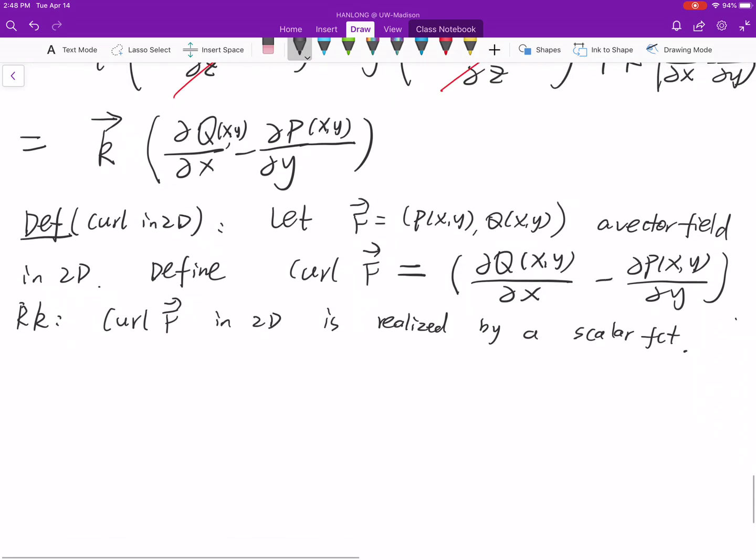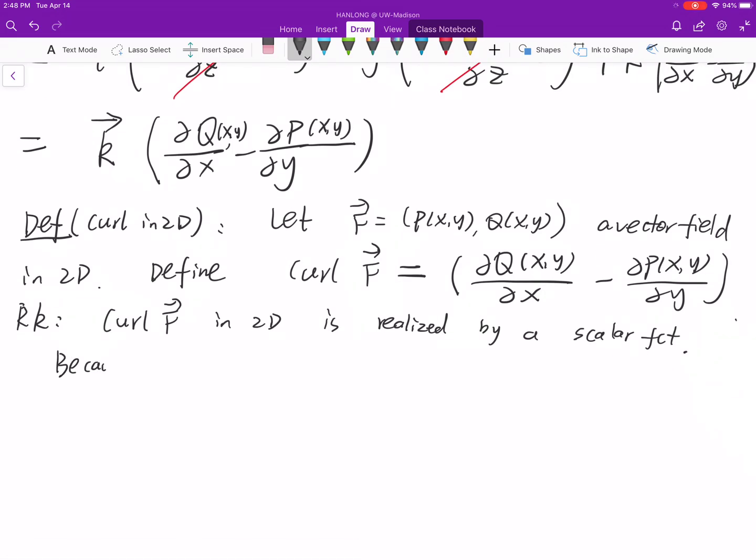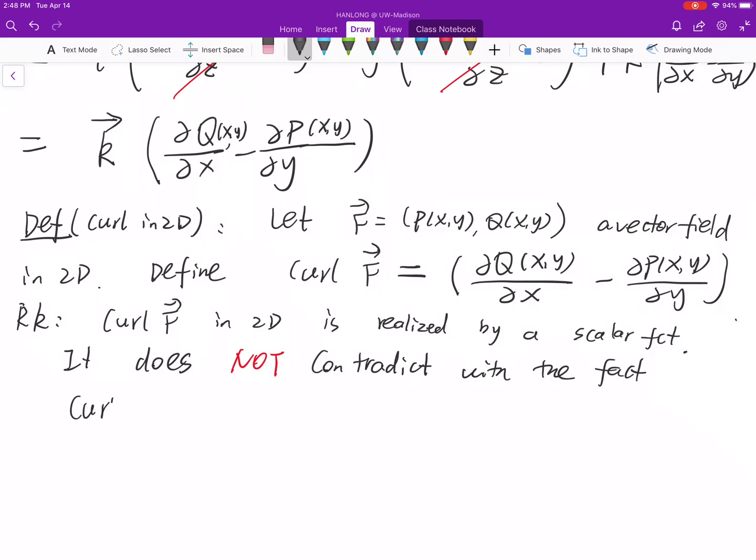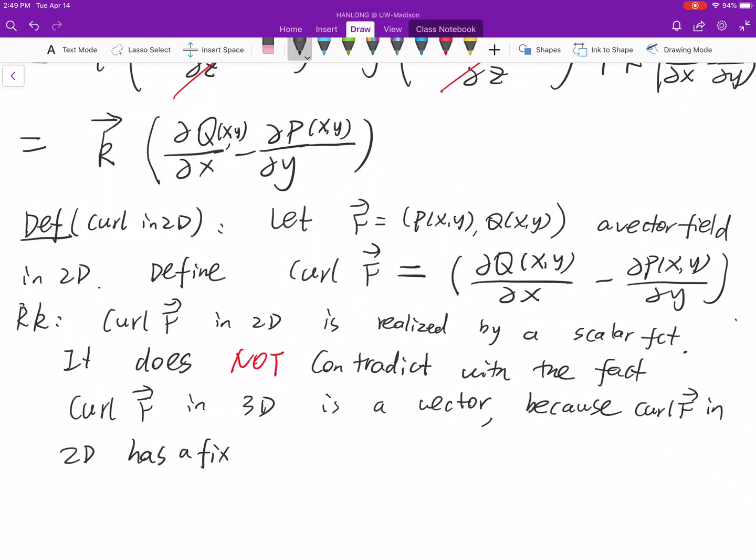This does not contradict the fact that curl F in 3D is a vector, because curl F in 2D has a fixed direction k.